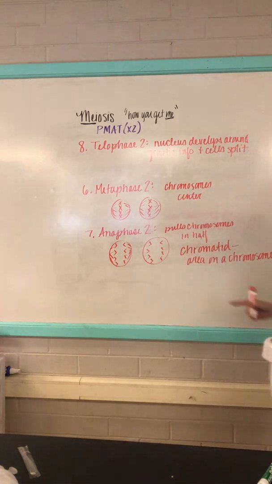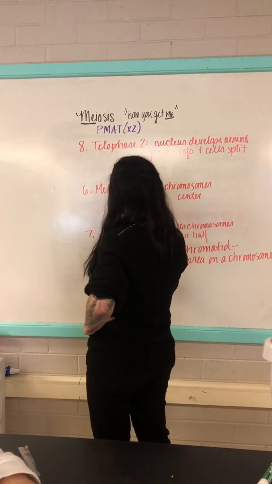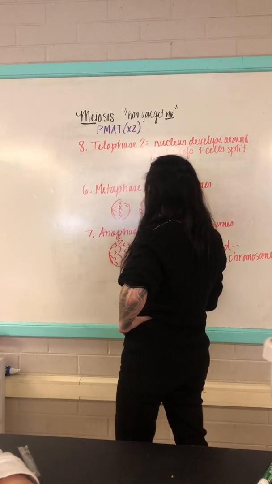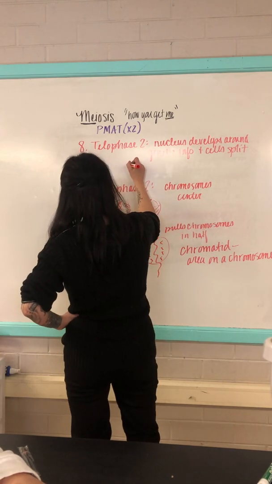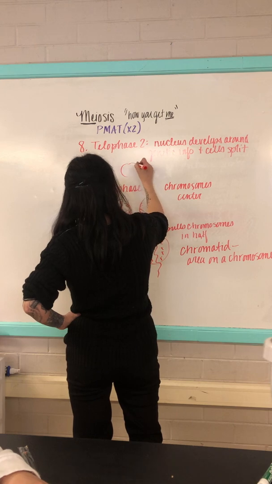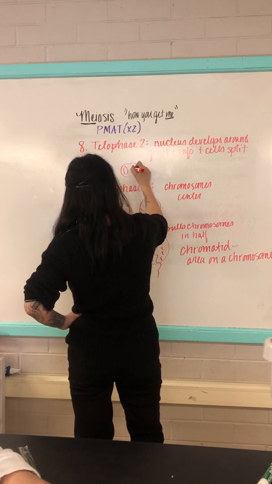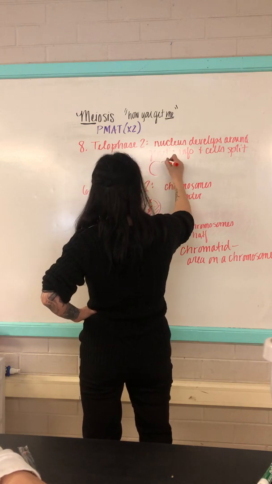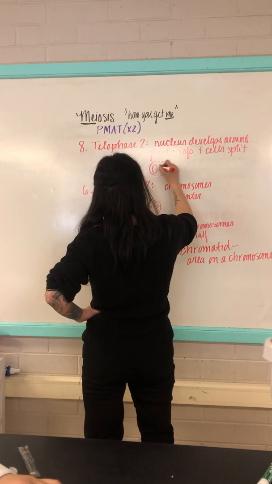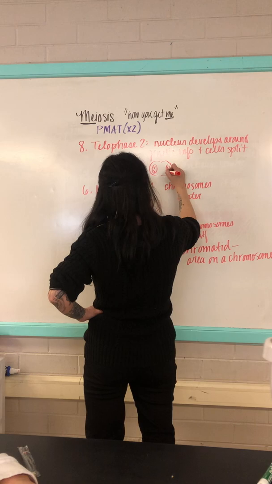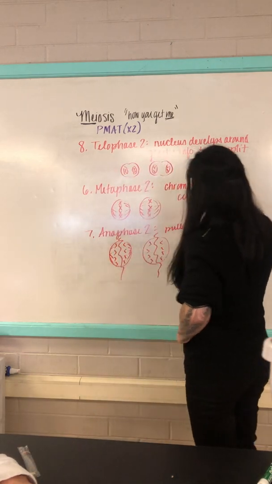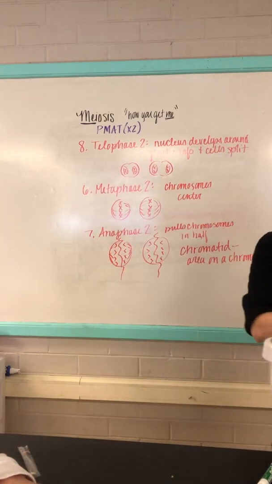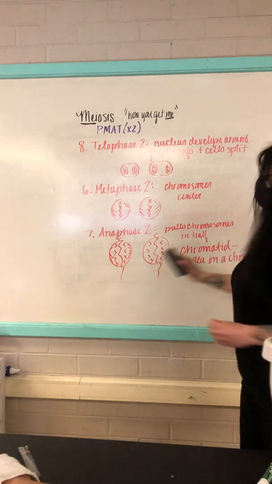So if these cells are splitting, what are they splitting into? How many? 2, 4. We've got 2 that are splitting, so in the end, you've got one cell that's going to split with its stuff in it, and then you've got another cell that's going to split with its stuff in it. So in the end, we should have how many cells? 2.